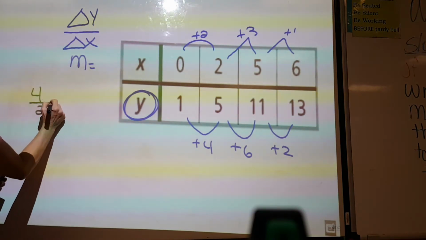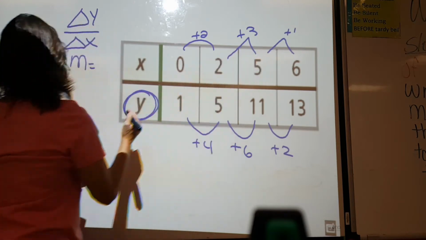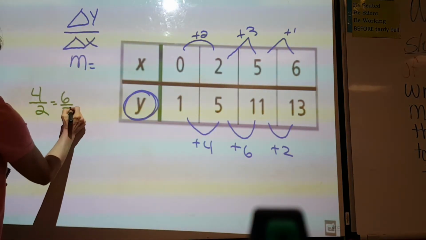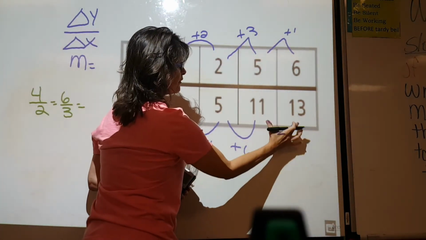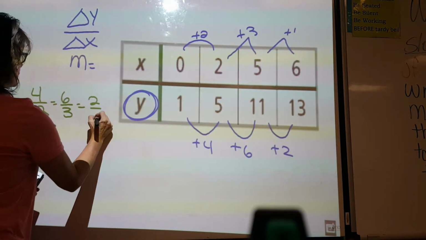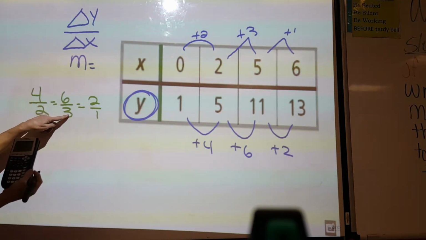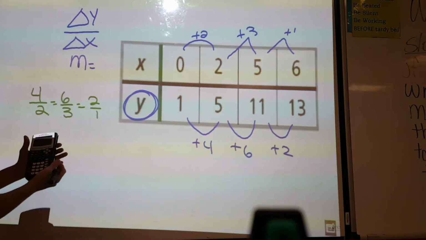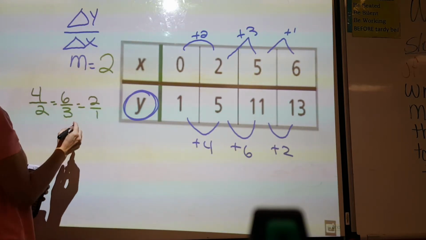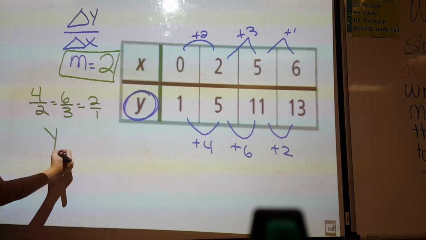I have 6 over 3. And finally, I have 2 over 1. Well, 4 over 2 is 2. 6 over 3 is 2. And 2 over 1 is 2. So yes, it is unanimous. My slope is 2.